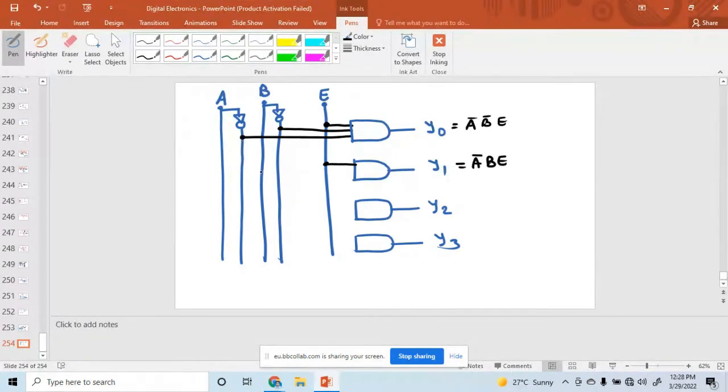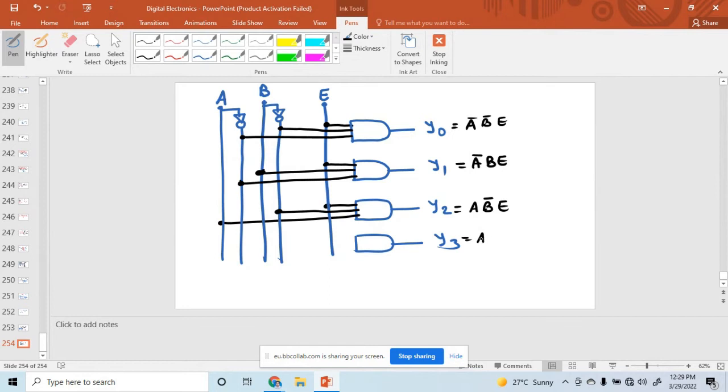So e and b are connected, and a bar. This is the a bar. And the third output is a, b bar, e. So e is connected here, b bar is connected here, and a.